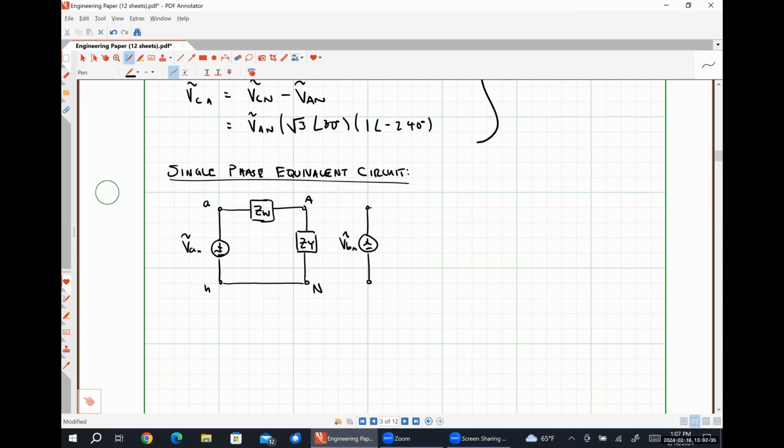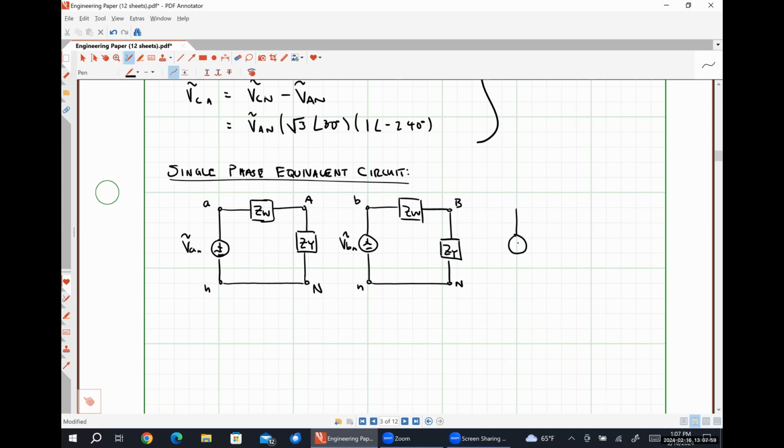VBN. ZW. ZY. Should have been lowercase n. Lowercase b, uppercase b, uppercase n.